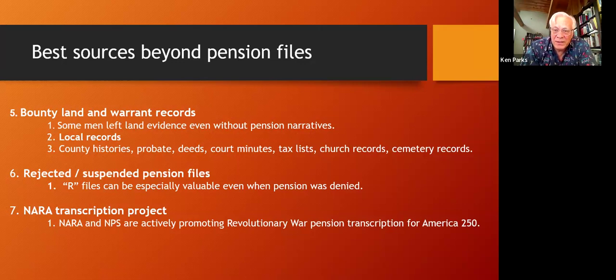And of course, probate, deeds, court minutes, all of those kinds of records can provide clues as well. Sometimes their service is mentioned on a headstone. So you might come across that on Find a Grave or any other listing of that kind of thing.